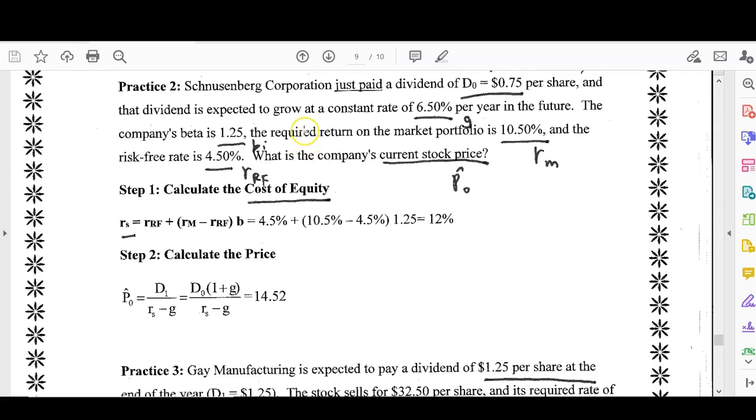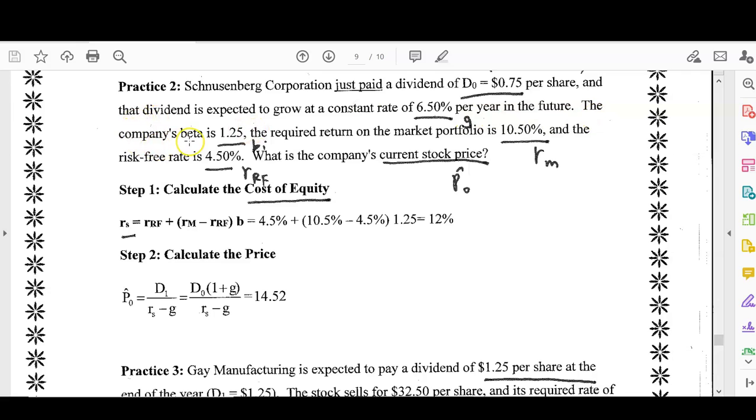Practice 2. This firm just paid a dividend of D0 equals 0.75. Just paid means it paid this dividend today, so it's D0. The dividend is expected to grow at a constant rate, G is 6.5% per year in the future.